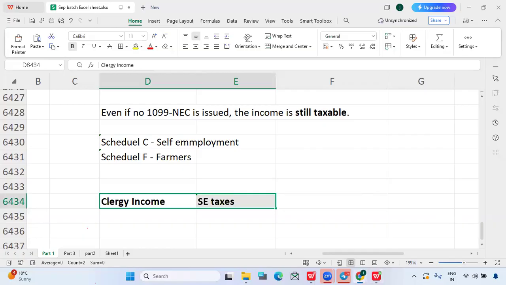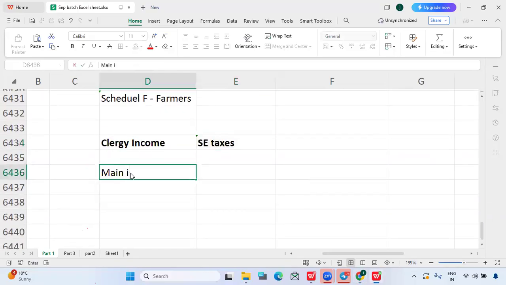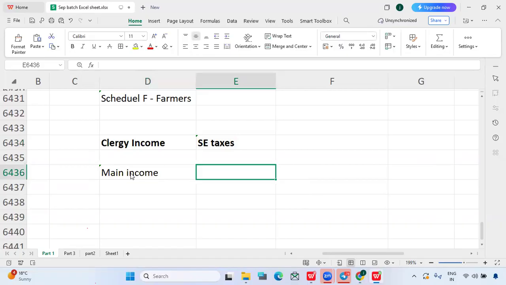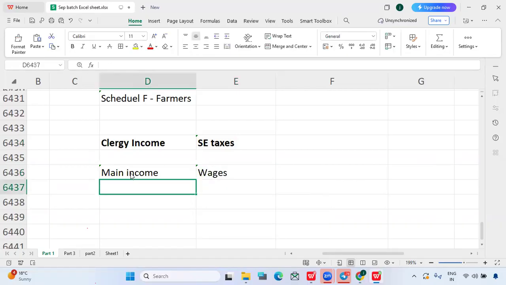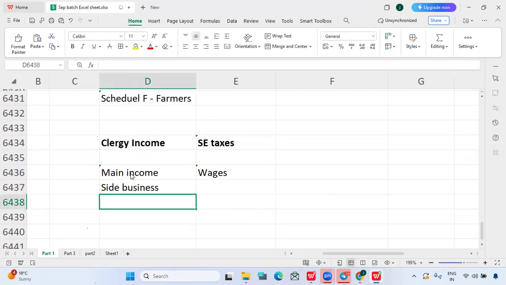And also, side business, which is self-employment income. Let's say the taxpayer's main income is wages, a full-time employee, and he also has some side business, which is self-employment income. So do we need to pay income tax on this income?